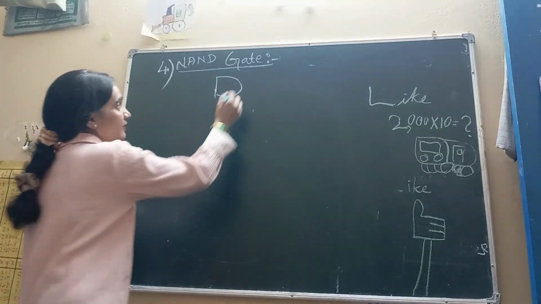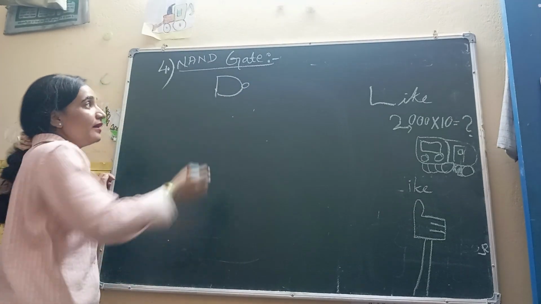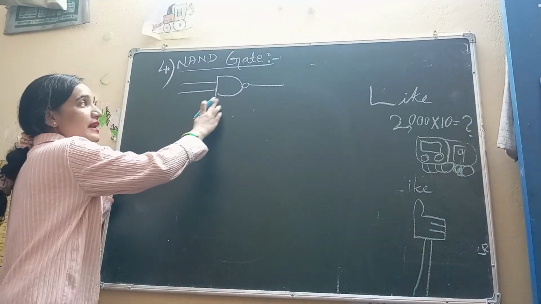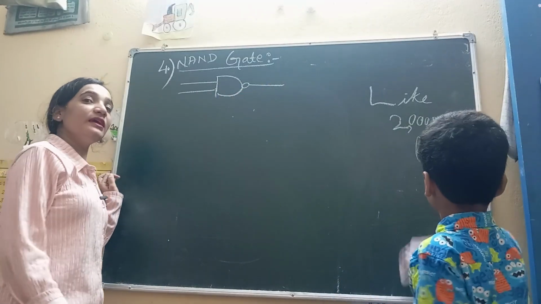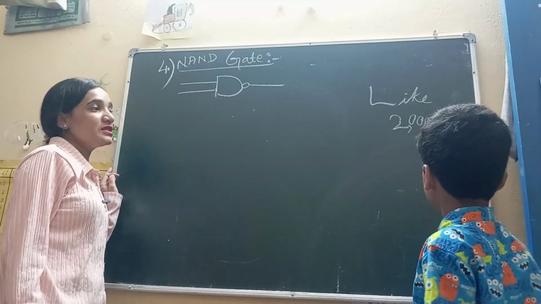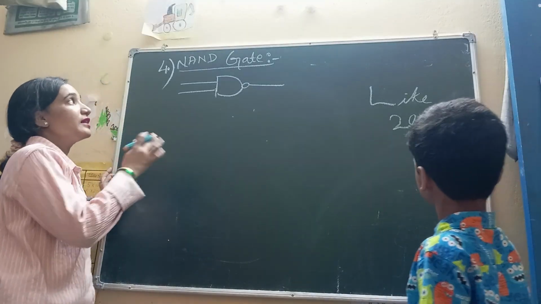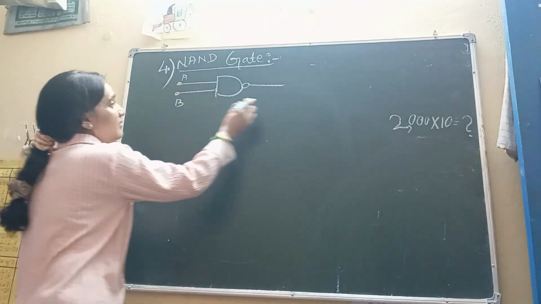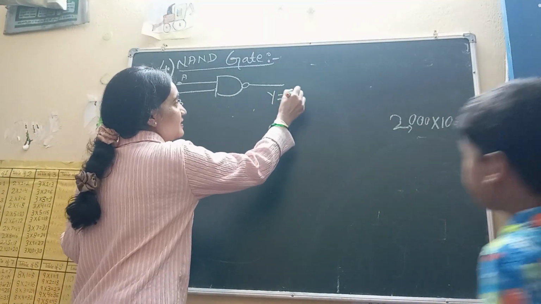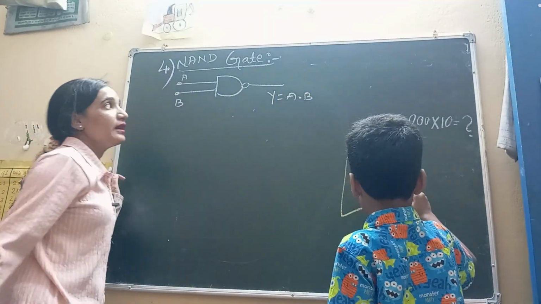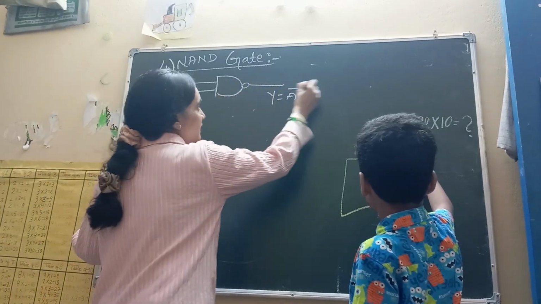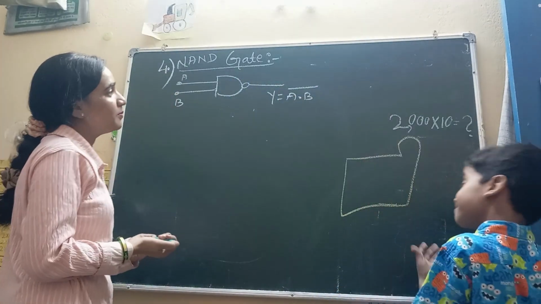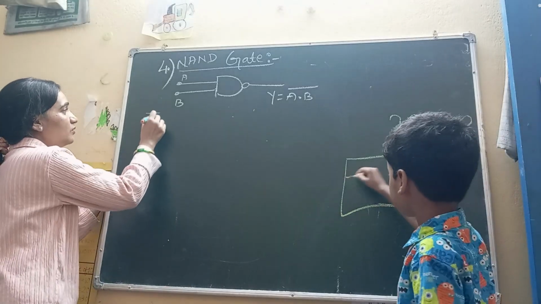This is NAND, and this bubble represents the inverter, meaning we are inverting. For A, B, Y is represented as A dot B, and for the bubble we give a bar. Now come to the truth table.